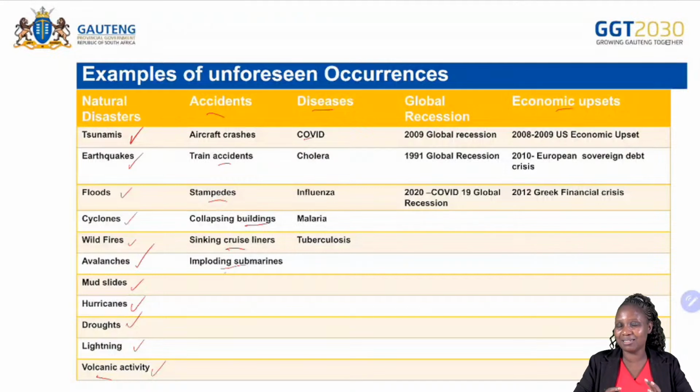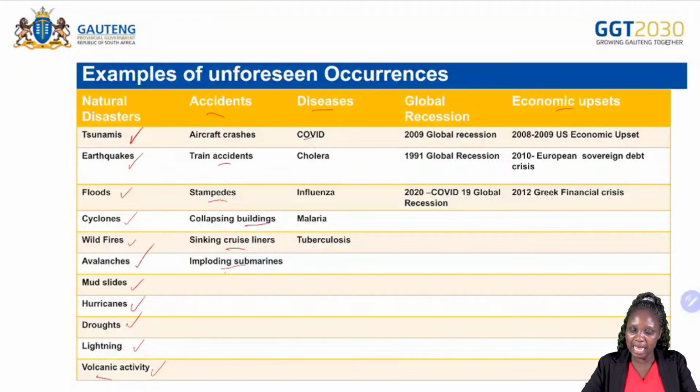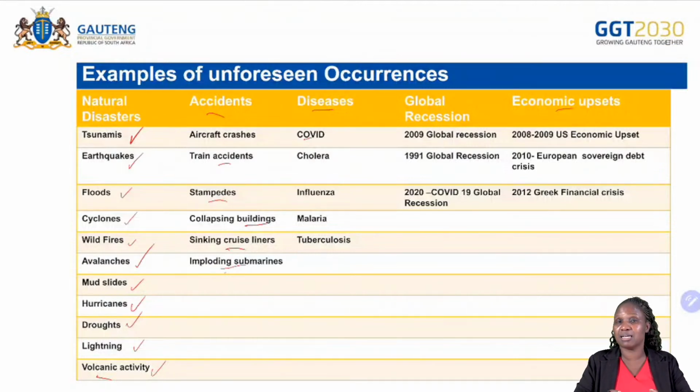And then there is cholera. It's another disease that kills a lot of people. Look at Zambia now. They are experiencing cholera. Okay. And then influenza. Influenza is a disease that also kills a lot of people, and even malaria. But with malaria, a lot has been done to try to help people not to be killed by malaria.